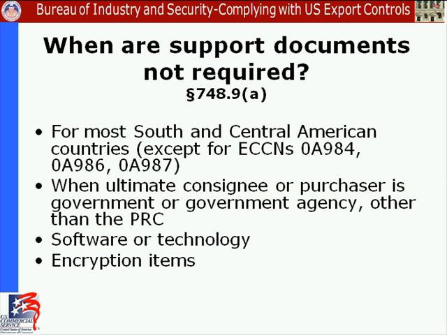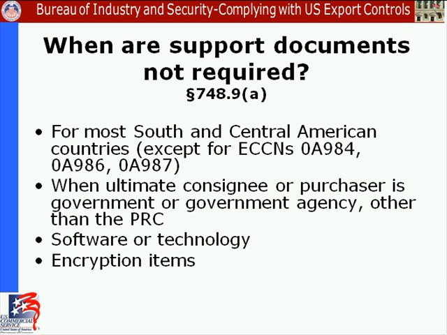So if you are shipping to a Western Hemisphere destination, Central or South American country, excluding weapons like the shotgun, which is covered under 0A984, or a shotgun shell, which is covered under 0A986, and the sighting device or scope 0A987. If you're exporting any of those items, you will need support documentation because that transaction will require an export license.